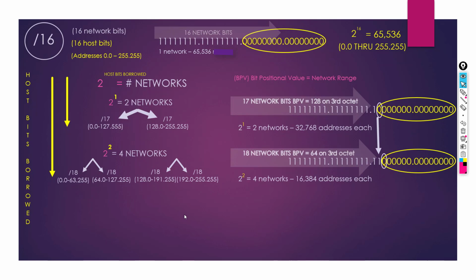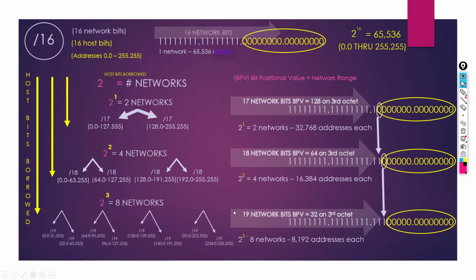It's just moved over to a different octet. It's moved to the 3rd octet instead of the 4th. So finally we can see 2 to the power of 3 bits gives us those networks with 8,192 each.